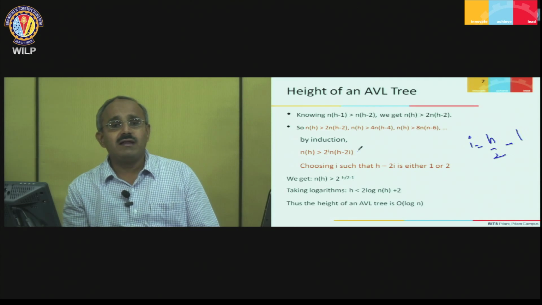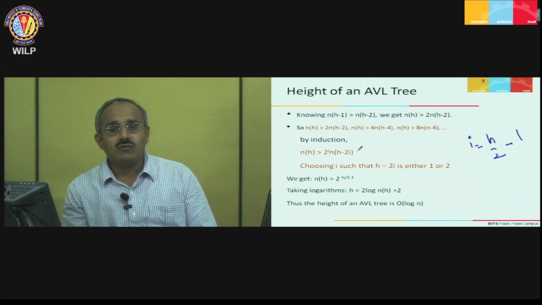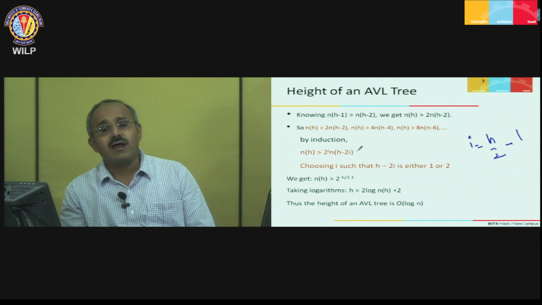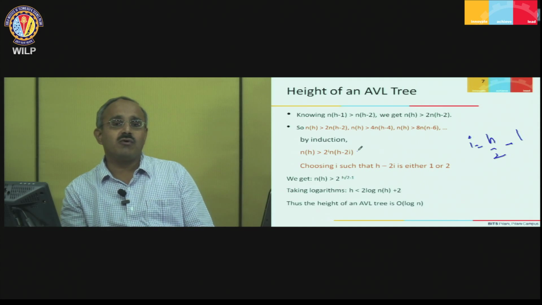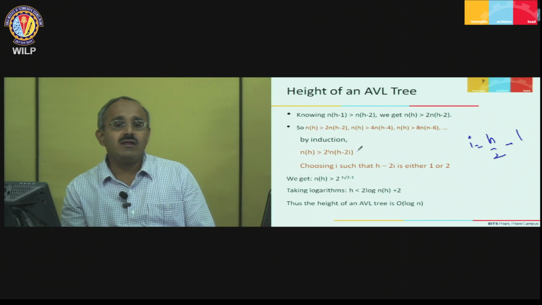Now, simply taking logarithm on both sides, what we get is h is less than 2 times log n h plus 2, or what we observe is that height is bounded by logarithm of n. If I look at the height of an AVL tree, it is bounded by a factor of log n.